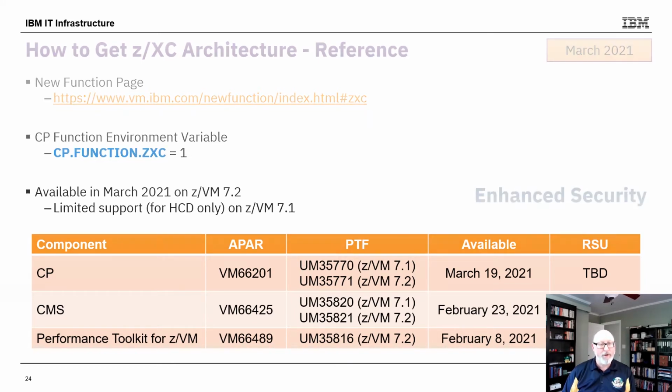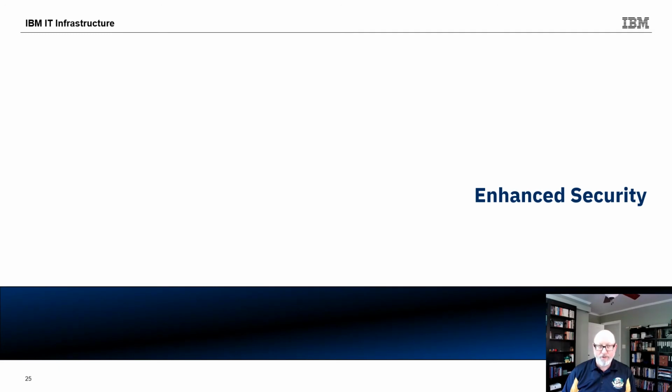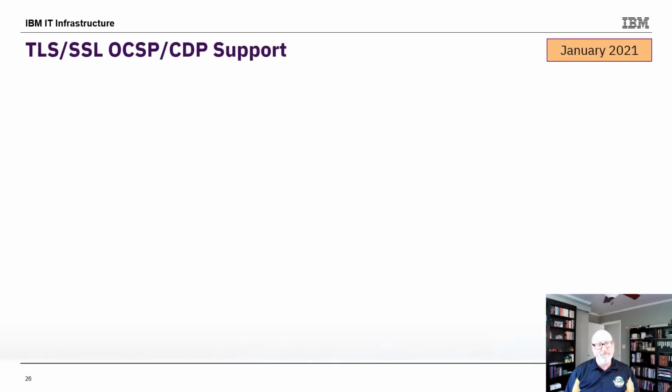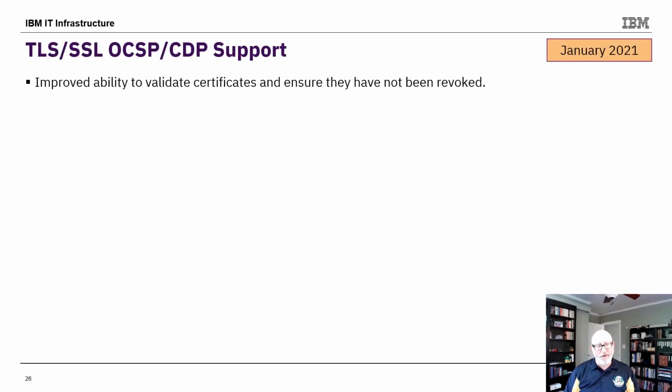Okay, so now let's shift gears again. Our third value area is enhanced security, right? So our first item here is a little bit of alphabet soup. Shipping in January this year, TLS, SSL, OCSP, CDP support.